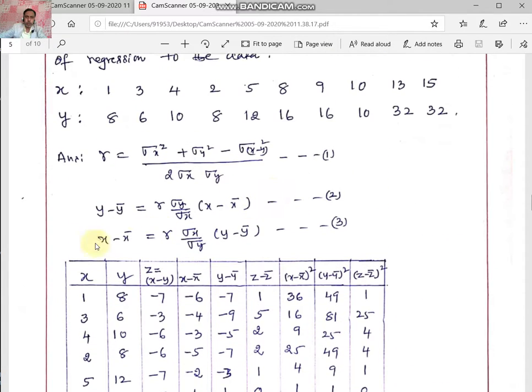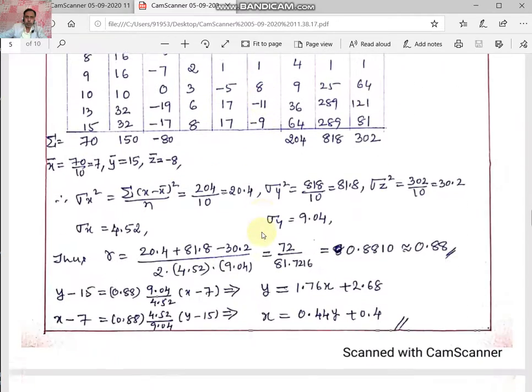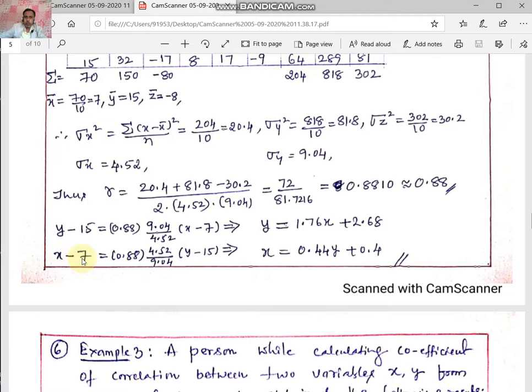And one more line of regression: x minus x bar is equal to r into sigma x by sigma y into y minus y bar. Substitute all values: x minus 7 is equal to 0.88, this is the r value, into 4.52 by 9.04, into y minus y bar, y minus 15. Simplifying, it becomes x is equal to 0.44y plus 0.4.